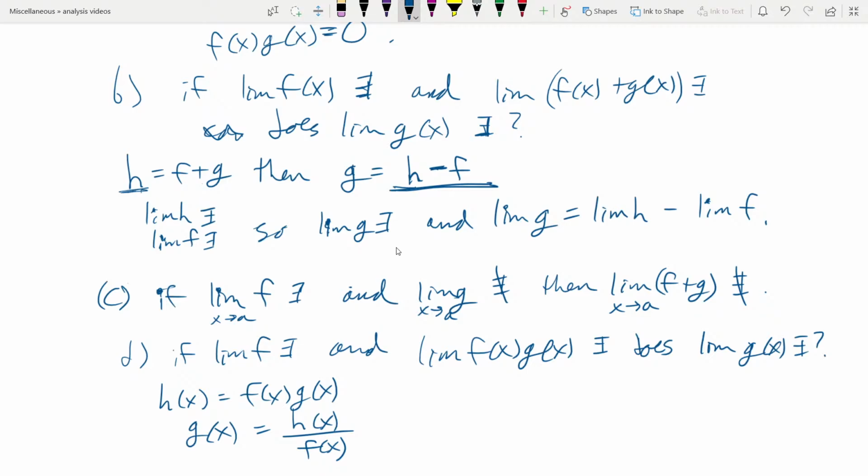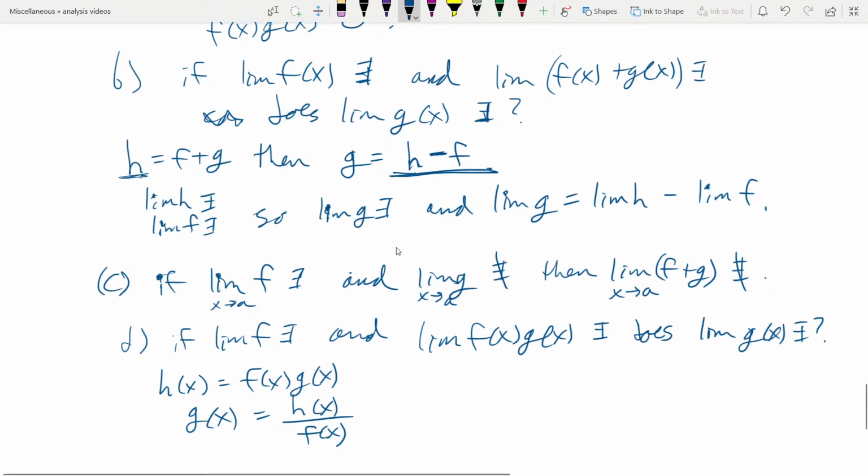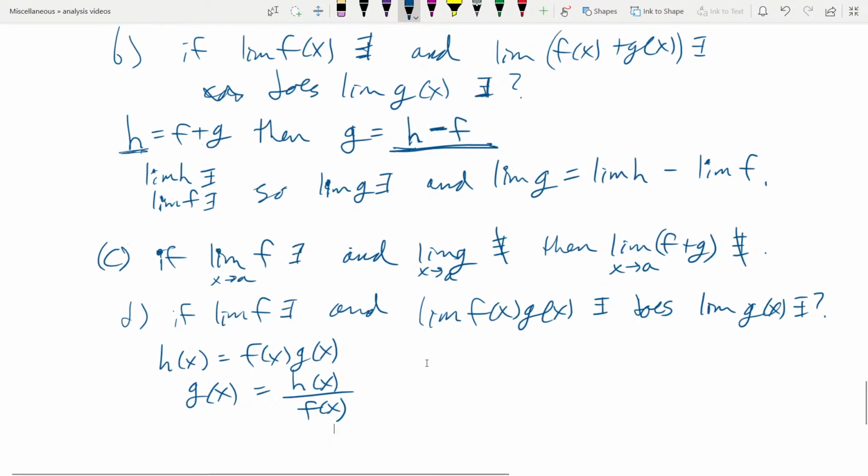So this isn't necessarily going to work. And this is why, for the case of the product, we can actually find a counterexample to this claim, whose counterpart for sums actually happens to be true.